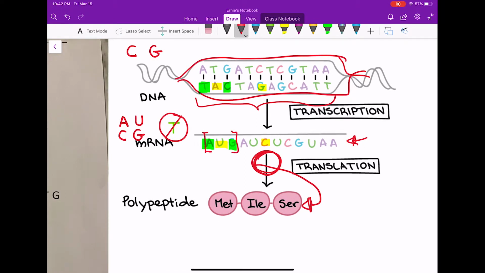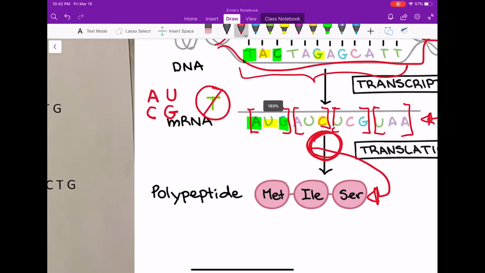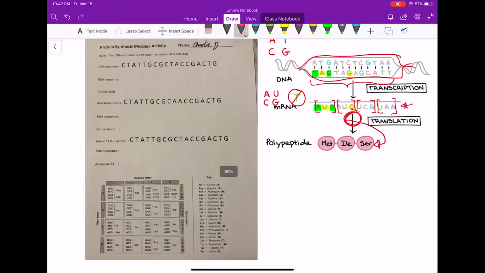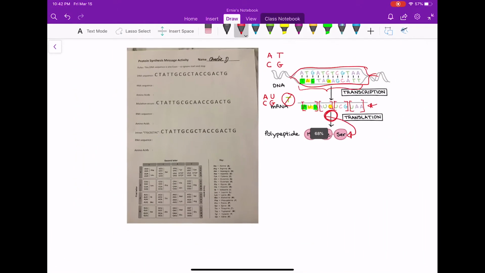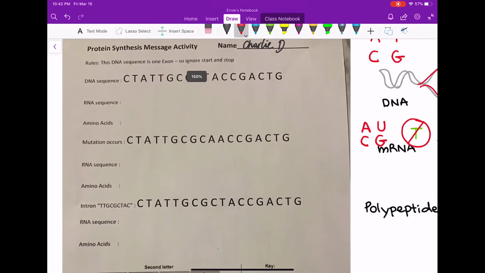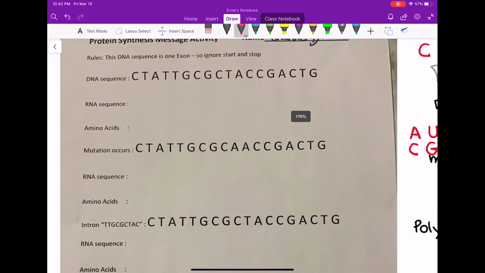And it's gonna make that by looking at the code and grouping them in groups of 3, which we call codons. And we are able to determine what those codons are by looking at this chart right here.